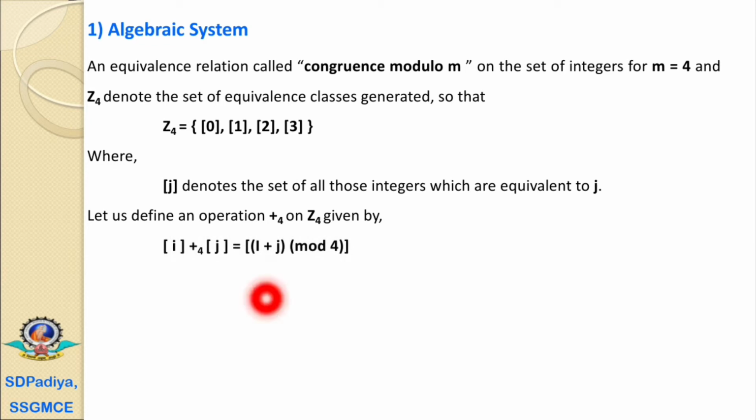Then how to find the values? Class I plus 4 class J is equal to I plus J mod m, that is mod 4 here.